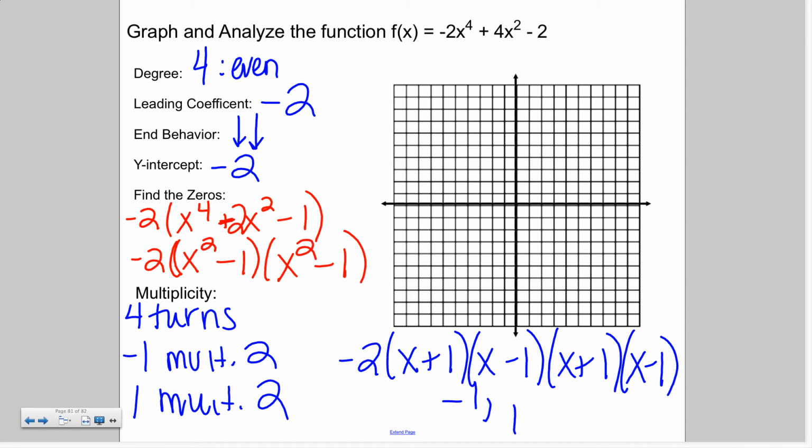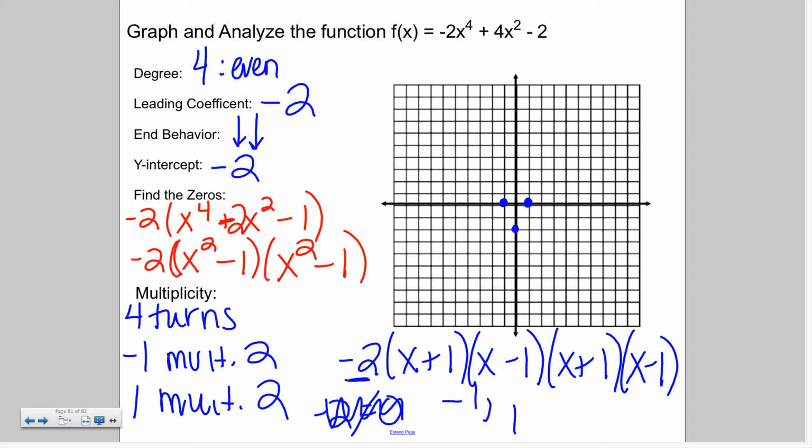Now the 2 out here, the GCF, if I set it equal to 0, that doesn't work, it's not true, so I just ignore that number. Alright, I found all my information, so now I'm going to put it on a graph. I'm going to start with my intercepts. I've got a y-intercept at -2, and zeros or x-intercepts at -1 and 1.